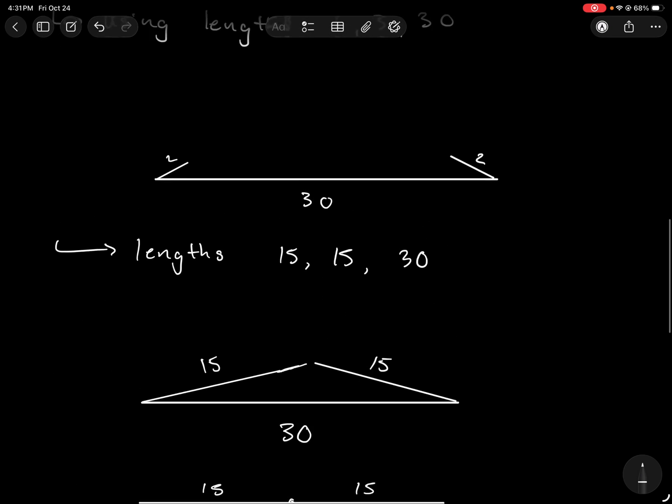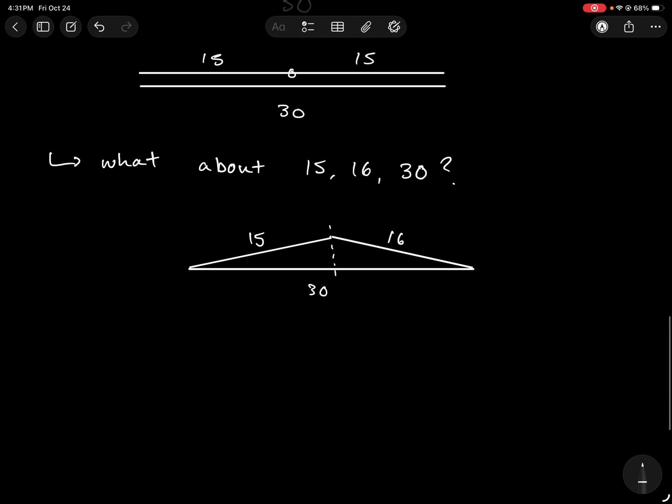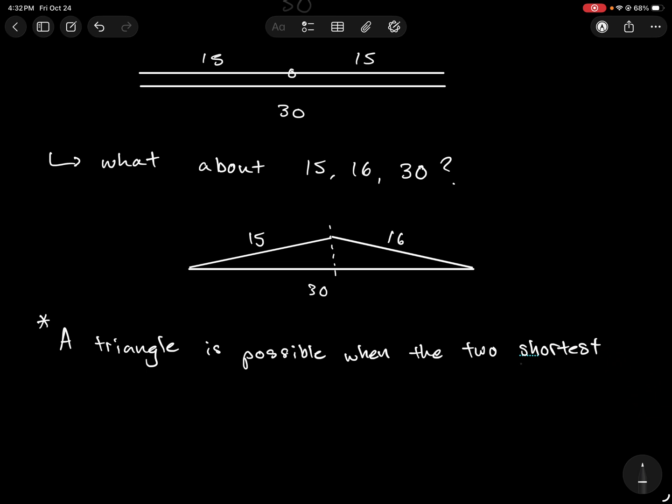So if you have not realized by now, we can create a triangle as long as a triangle is possible when the two shortest sides sum up to be greater than the longest side.